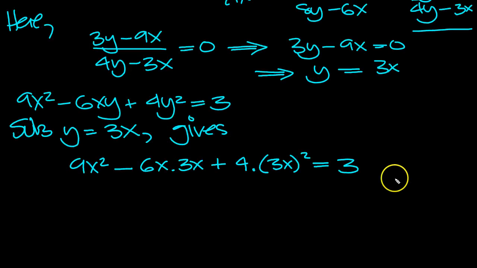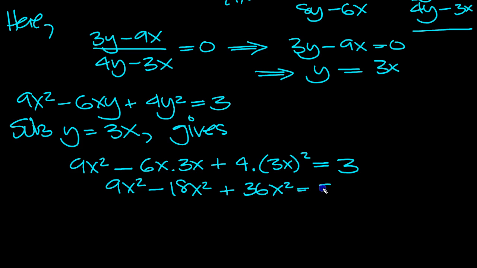So we're going to have a quadratic in x, 9x squared minus 18x squared plus 3 3s are 9, 9 4s are 36, 36x squared equals 3. 9 minus 18 is minus 9, plus 36 is 36 minus 9 is 27x squared, isn't it? 36 minus 9 is 27.